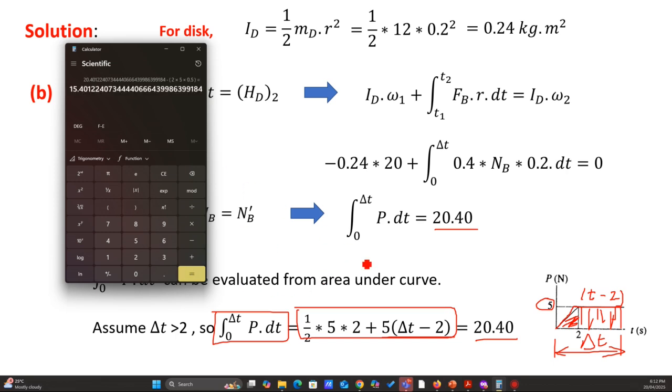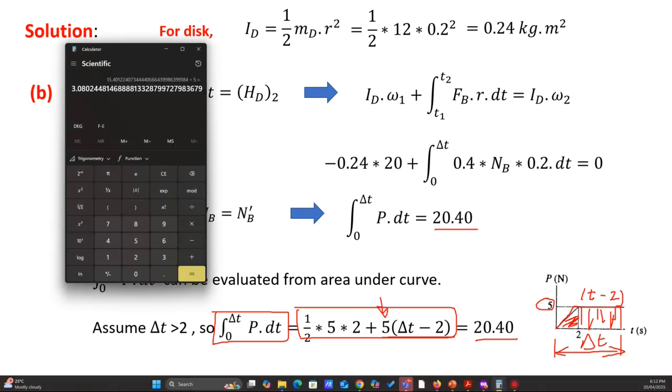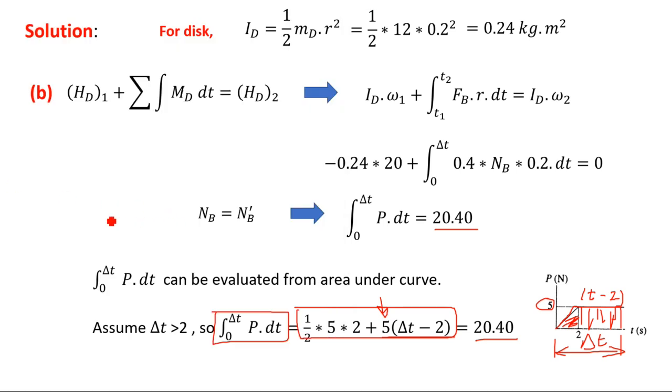And again, to get the value of 15.4. Divide that by 5, which is that 5 here. Okay. And the answer now is going to be equal to 3.082. Now I'm going to add to that 2 seconds, which is this 2 to go to the other side. And the time is going to be equal to 5.08 seconds. And that's the time actually we got in the answer.